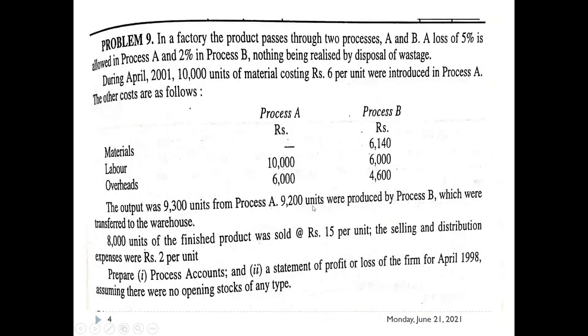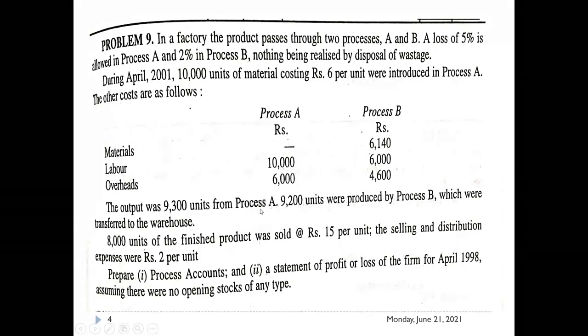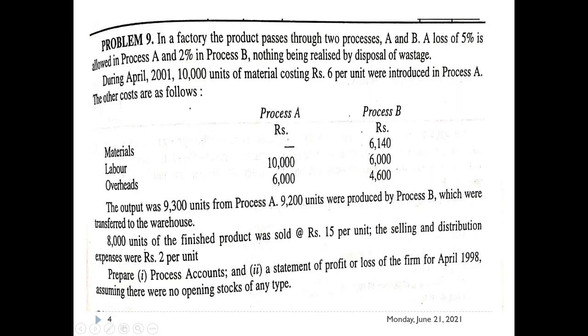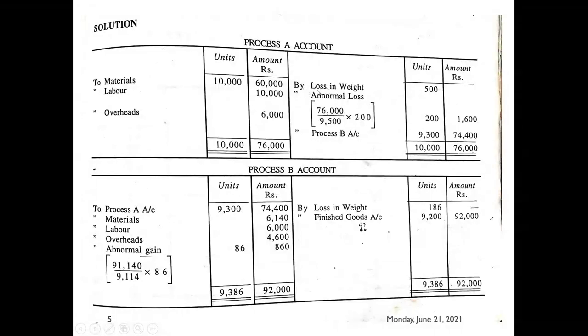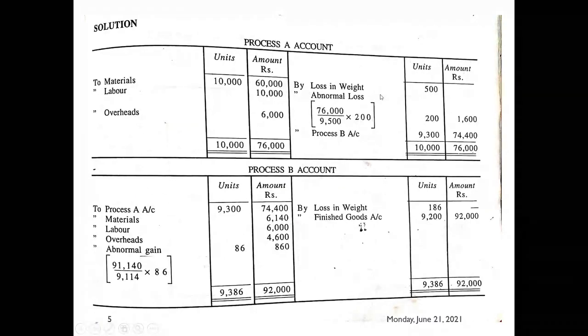So next you see process B, the output, how much? 9,300 units from process A. This is your output, so it is transferred to the next process. So the next process is what? Process B. So by loss of weight, okay.